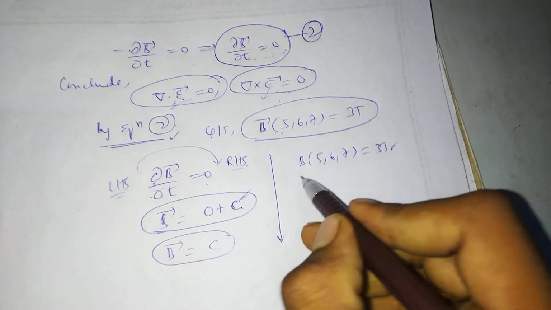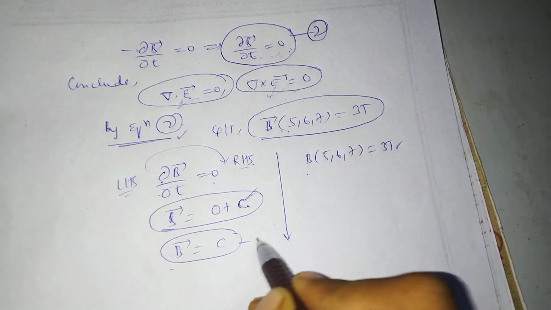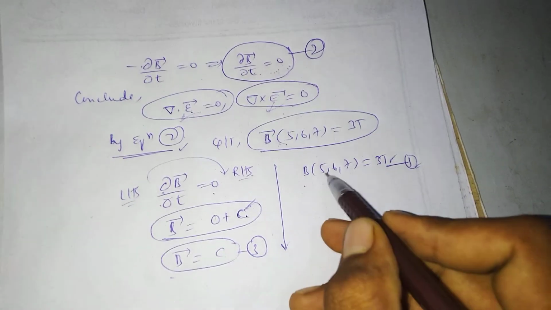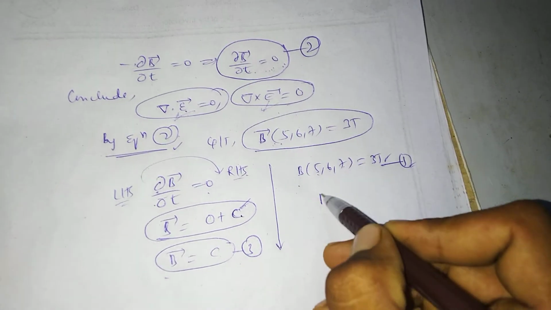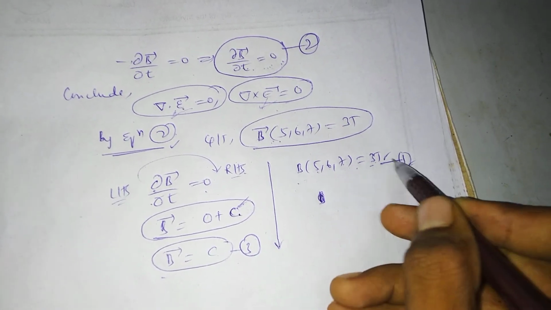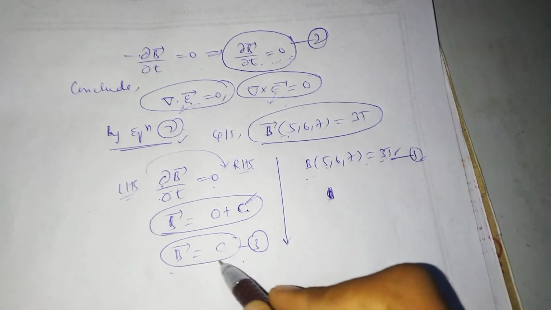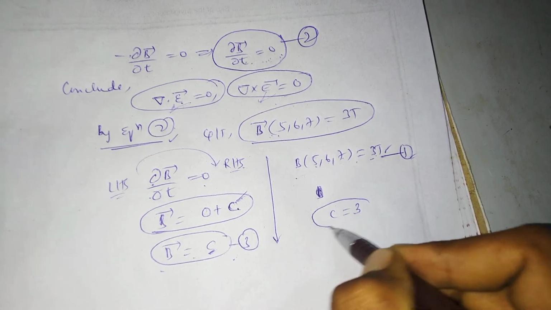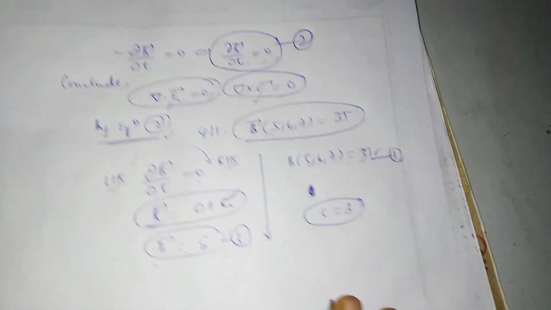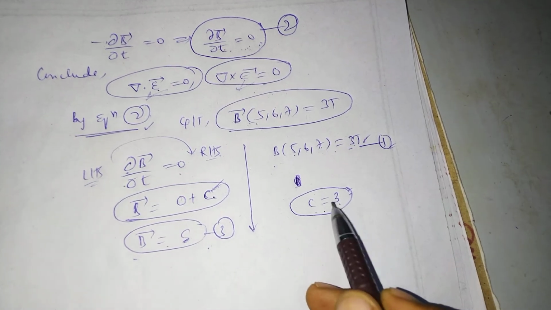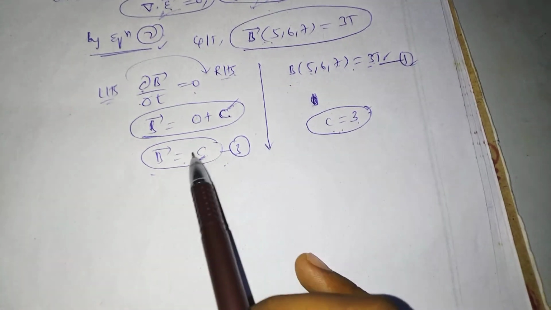So we compare this with the first equation given in the question for the points 5, 6, 7. By comparing the first and third equations, what do we get? c equals 3.